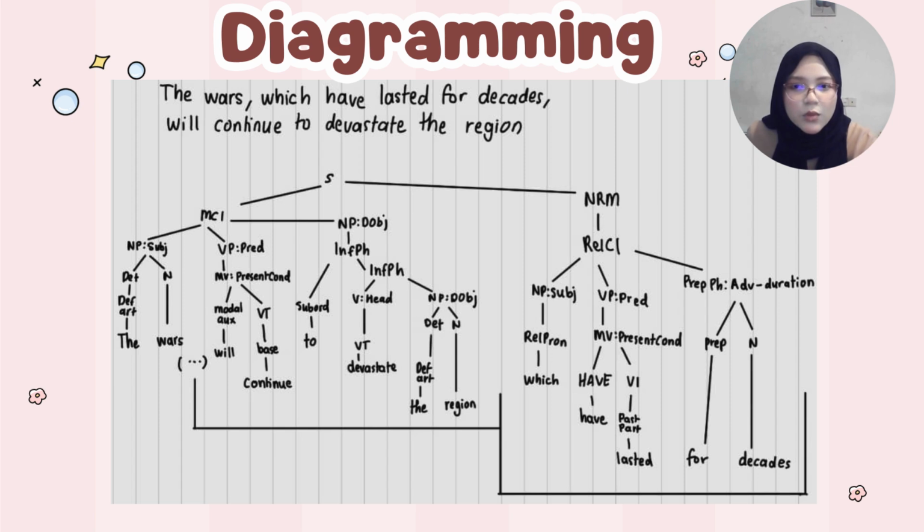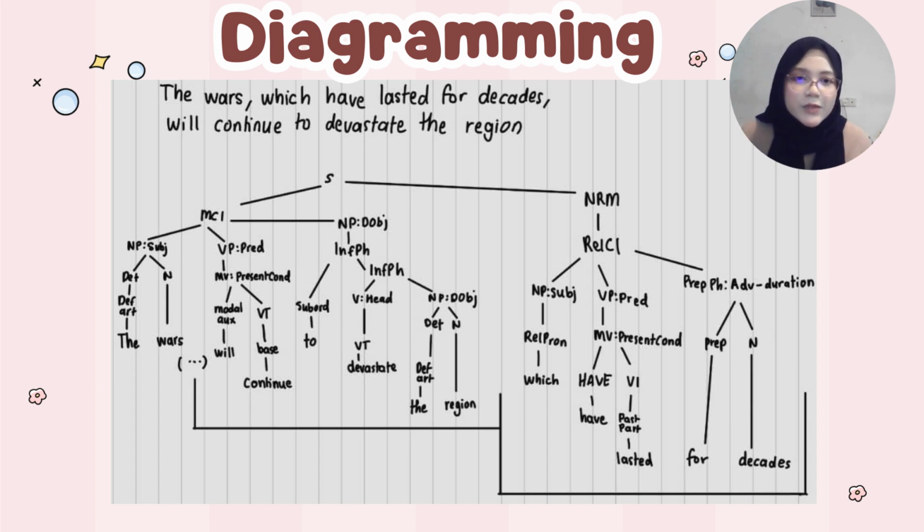Under the determiner, we break it down more into the definite article, and then we put the. For the second branch under the noun phrase subject, we have noun, and we put wars. For the second branch of the main clause, we put verb phrase predicate.